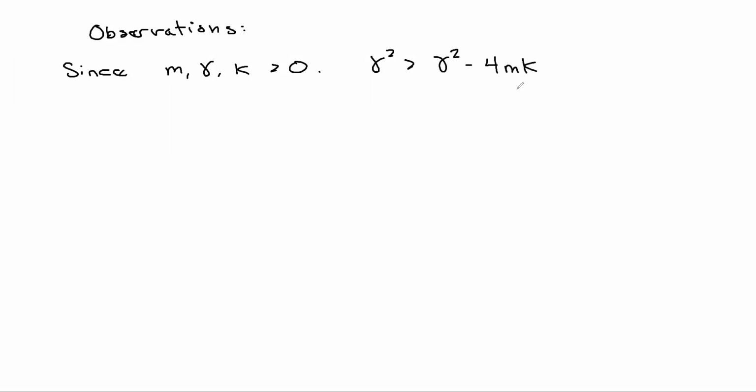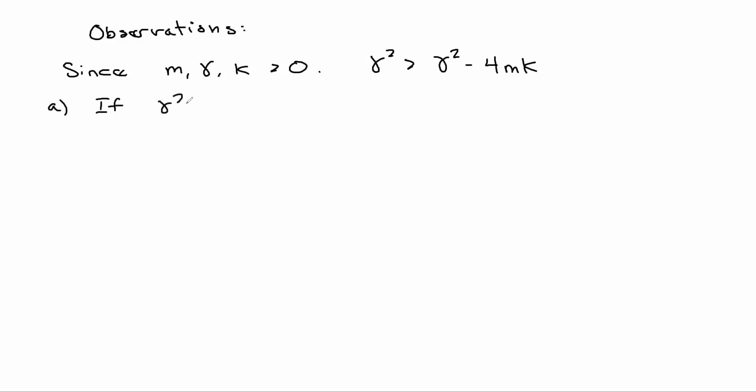Right? If m and k are positive, then if you take gamma squared and you subtract some stuff, you're going to end up with a smaller result. Okay, so we can use that to discuss the first case.